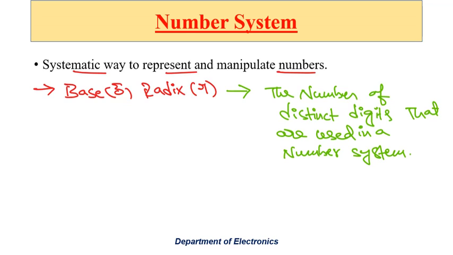So in this topic, we will discuss four types of number systems.